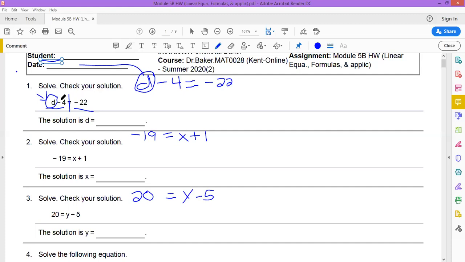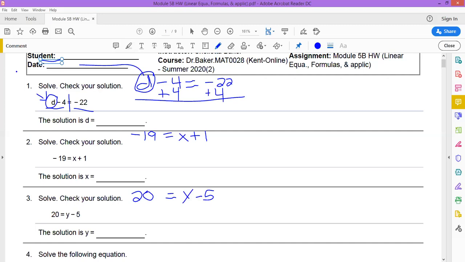So if I have d minus 4, the way I determine what d is, I perform the opposite of subtracting 4. And the opposite of subtracting 4 is to add 4. So you would add 4 to both sides of the equation. Whatever you do on the left side of the equation, you must also do on the right. So we're adding 4 on the left, adding 4 on the right.